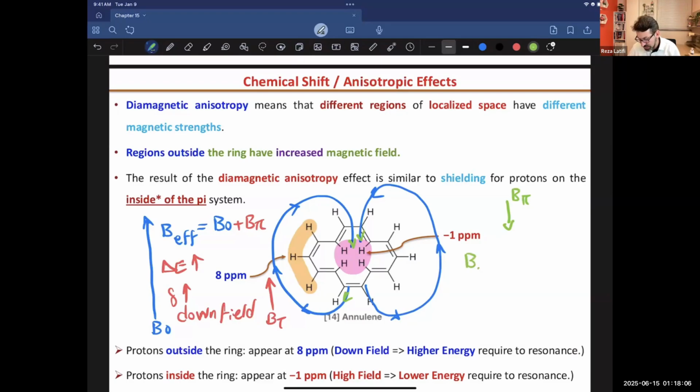So the effective magnetic field for them is going to be B0 minus B of the pi system. Those hydrogens will be shielded, and because they are shielded, the gap between alpha and beta will go down.